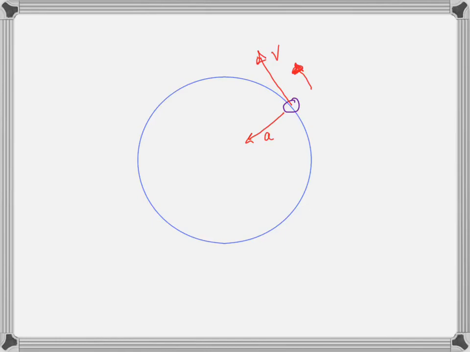If it is not uniform circular motion, this is important for later, it means it is also changing speed. So there is still an acceleration towards the center of the circle because it's moving in circular motion, but there is also a component of acceleration tangential to the circle if it's not uniform.